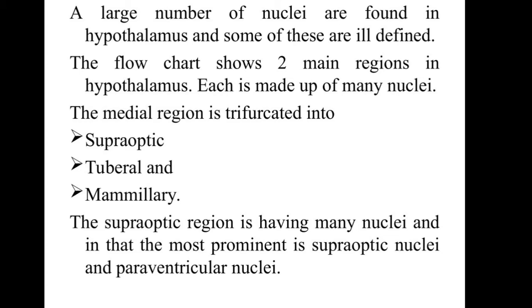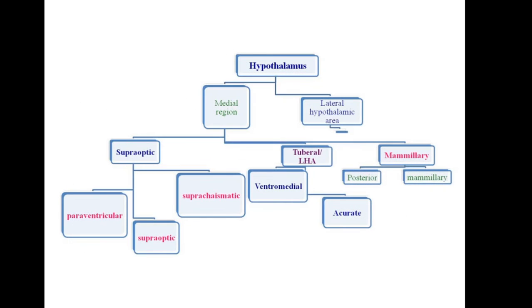And the upcoming flowchart will show the two main regions in the hypothalamus. Hypothalamus is bifurcated into two main regions and each is made up of many nuclei. Many nuclei are present in the two regions. So just to show that, I am showing this flow chart.